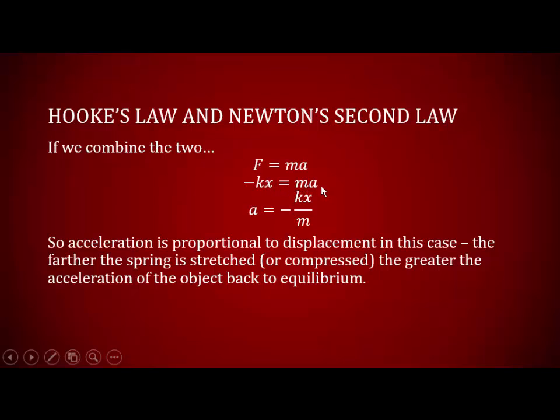So if I want to find the acceleration of the mass, or the acceleration of the spring system, I can do so by doing acceleration is equal to negative kx over m. In this case, we can see that the acceleration is proportional to the displacement. The farther the spring is stretched or compressed, the greater the acceleration of the object back to equilibrium. So the faster it will go or the slower it will go.